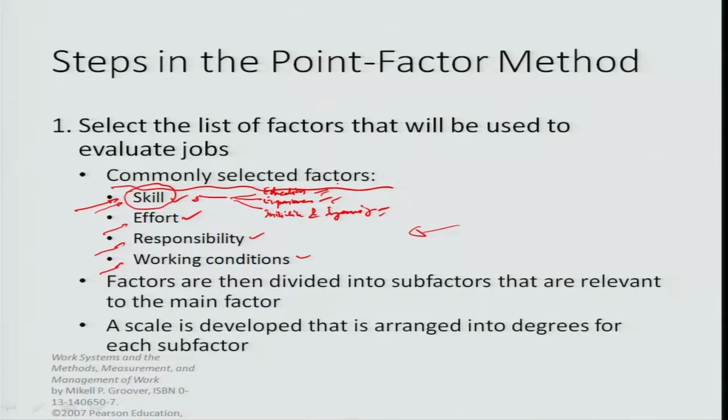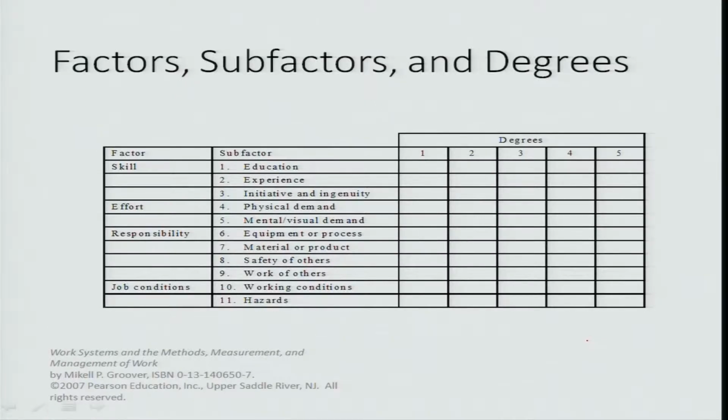So factors are divided into subfactors. They are relevant to the main factor, and a scale is developed that is arranged in degrees for each subfactor. Let's look at one example problem. For example, skill is divided into subfactors like education, experience, ingenuity. Effort can be in terms of mental and physical effort, also visual effort.